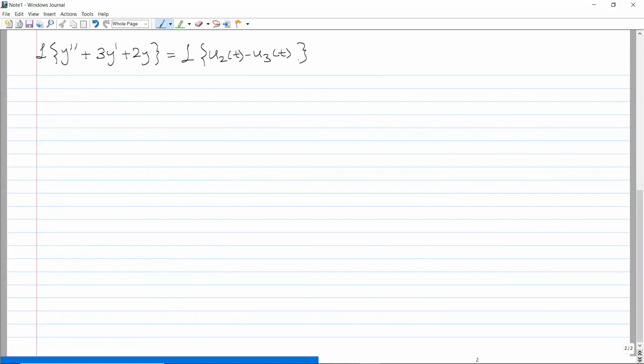Remember the Laplace transform of the derivative.